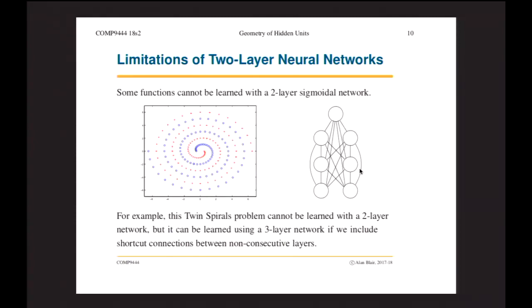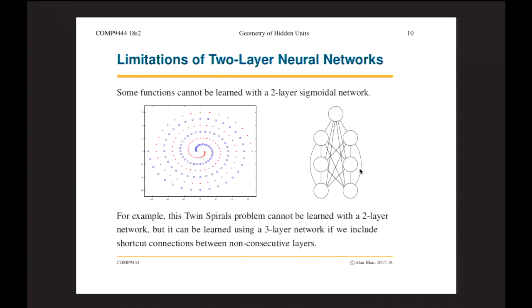Sometimes we build up a network so that the nodes in the first layer are connected only to the inputs, the nodes in the second layer are connected only to the first layer and not to the inputs, and the third layer is only connected to the second layer.